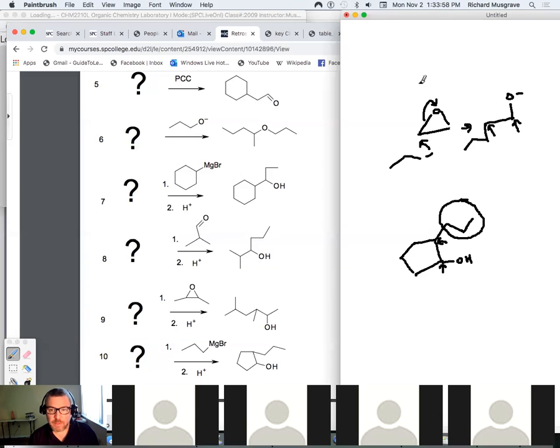And then if it's like it is in number 7, then you can see how that ends up on the same carbon. Right. That's a good question, and that's the reason. Okay, thank you. Anybody have any other questions? I liked that one. That was a good one.